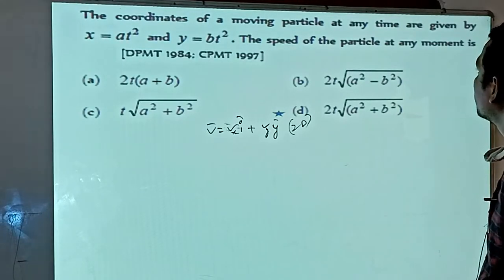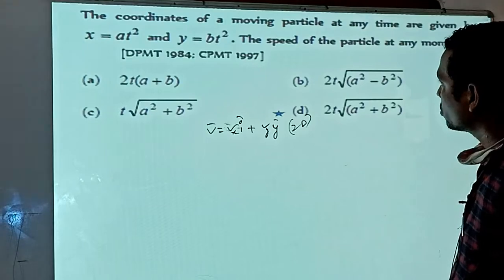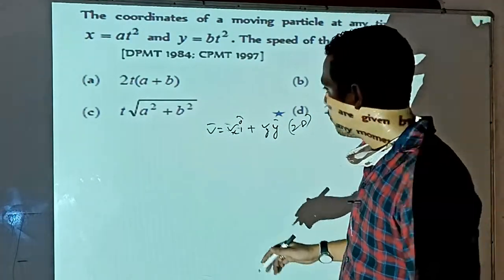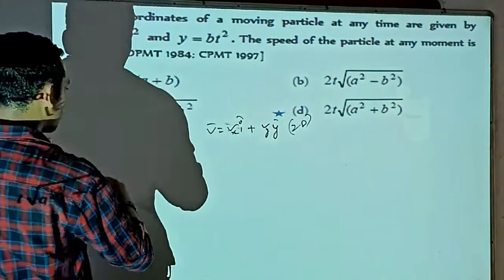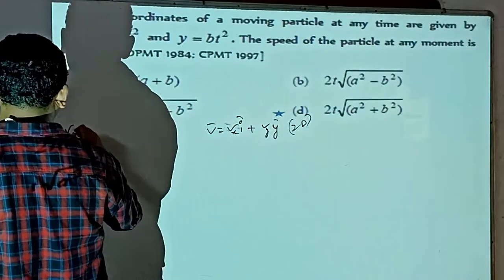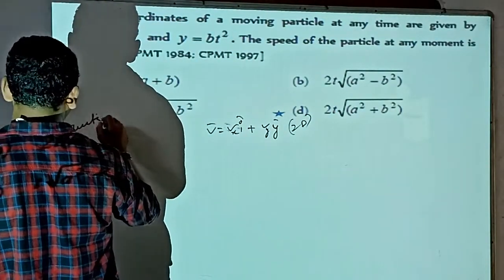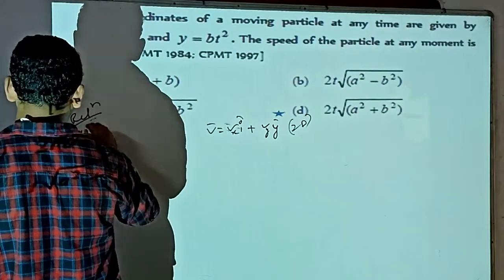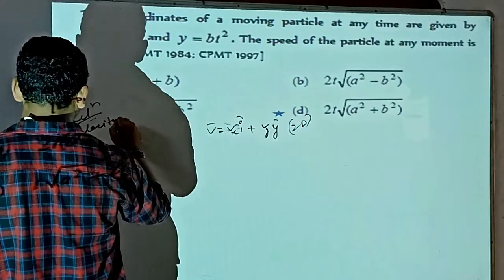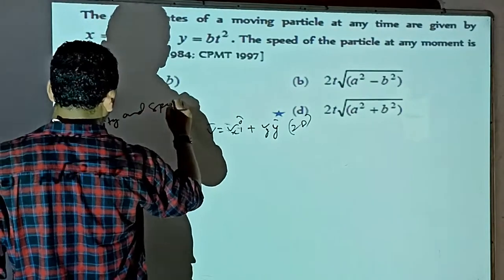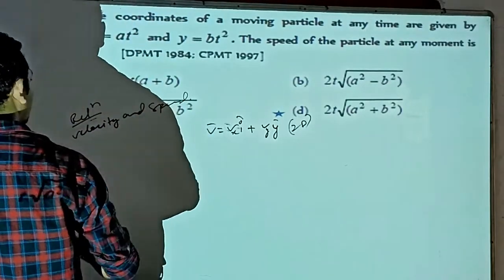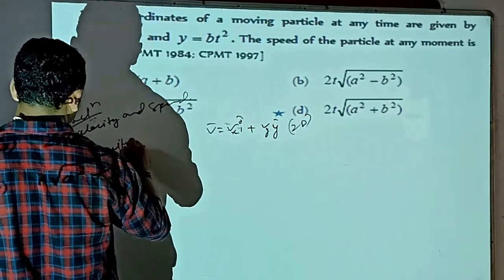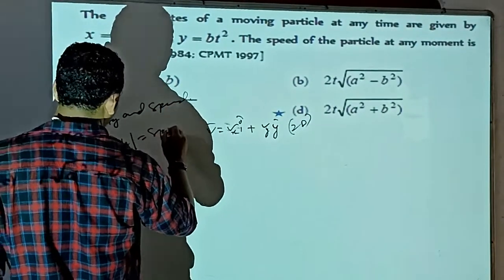Now you have to find out the speed. The relation between velocity and speed is that the magnitude of velocity is equal to speed.